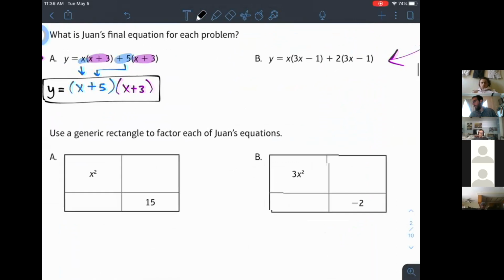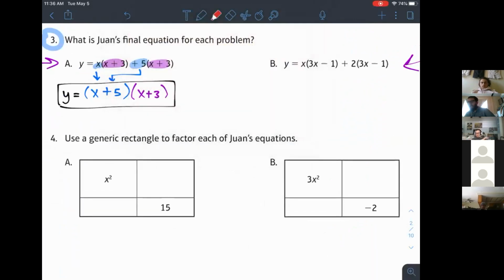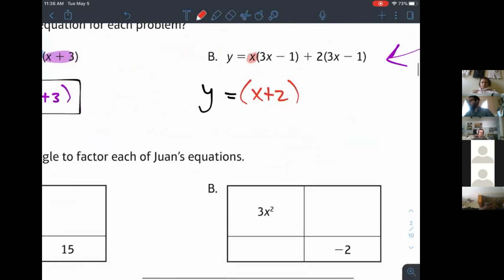Anyone think they know the answer to 3B? Use different colors here. Yes. What do you got? X plus 2 times 3x minus 1. Right on. Y equals x plus 2 times 3x minus 1. Let's go Christmas colors here, red and green. And here's how we got that answer.